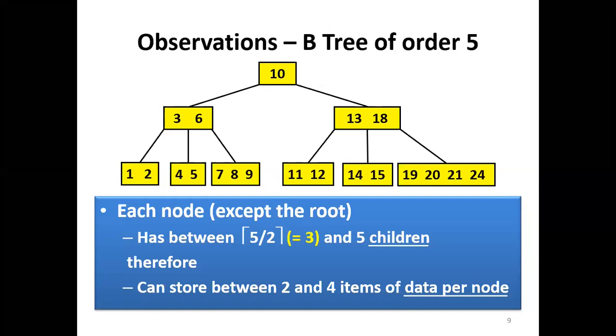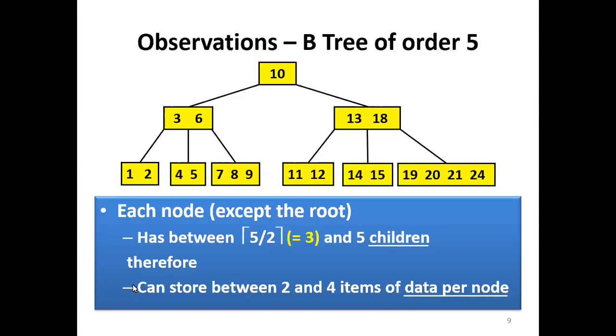Now, let's look at further observations on the B tree of the order of 5. We have explained this earlier anyway, but in this place it is a bit clearer. What this is saying is that each of these nodes must have ceiling of m, which is 5 divided by 2, equal to 3, and the number of children will be a maximum of 5.